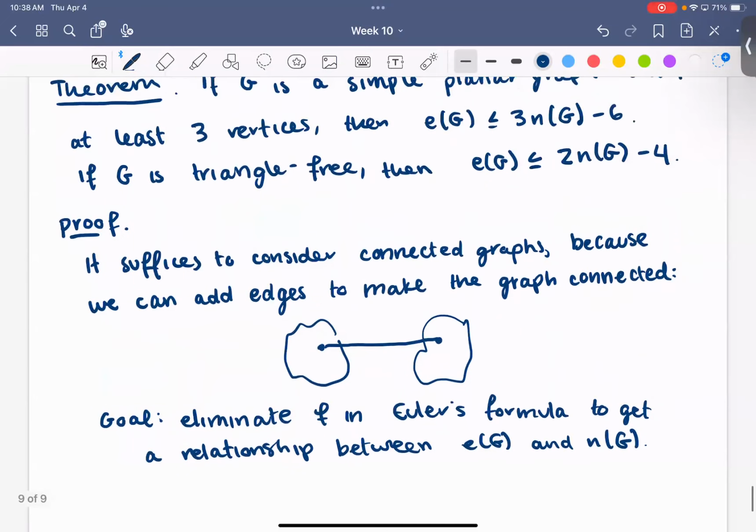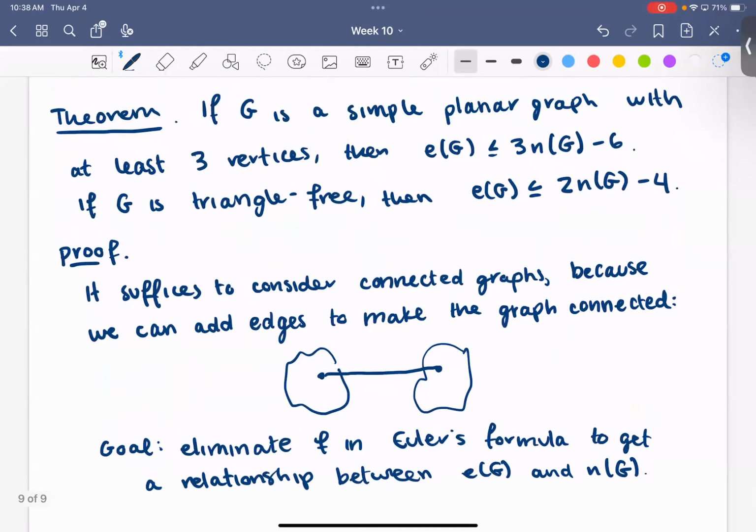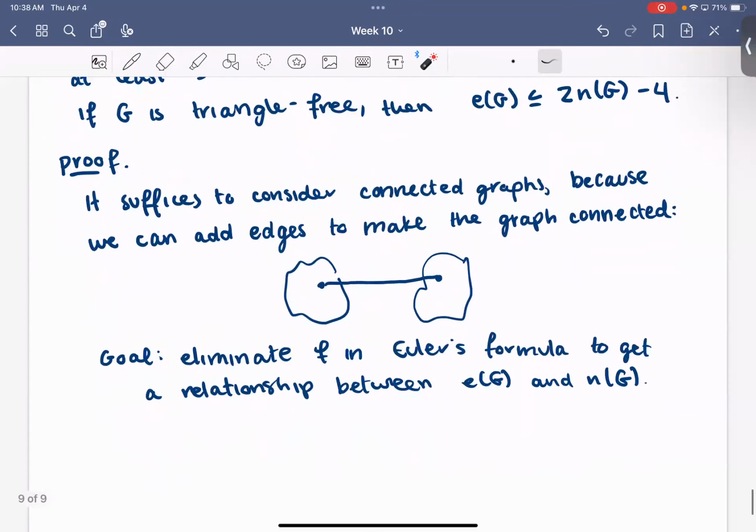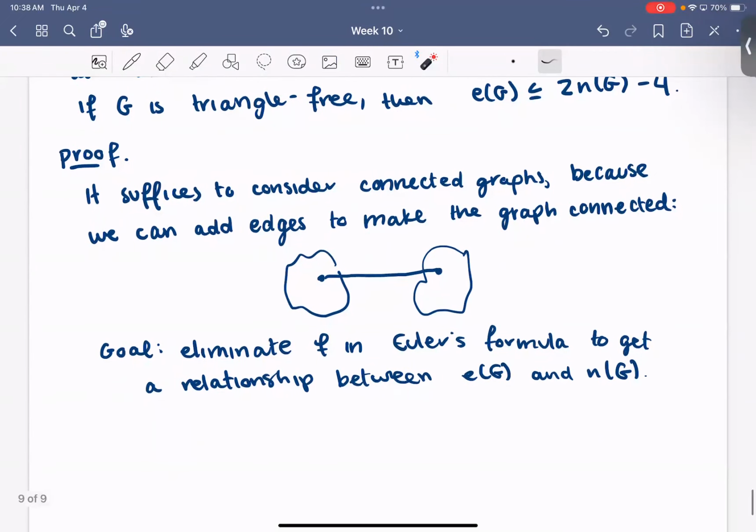For our first case, we're considering simple planar graphs with at least 3 vertices. So what can I say about the number of edges in every face? Can I make some claim about how many edges are in every face?